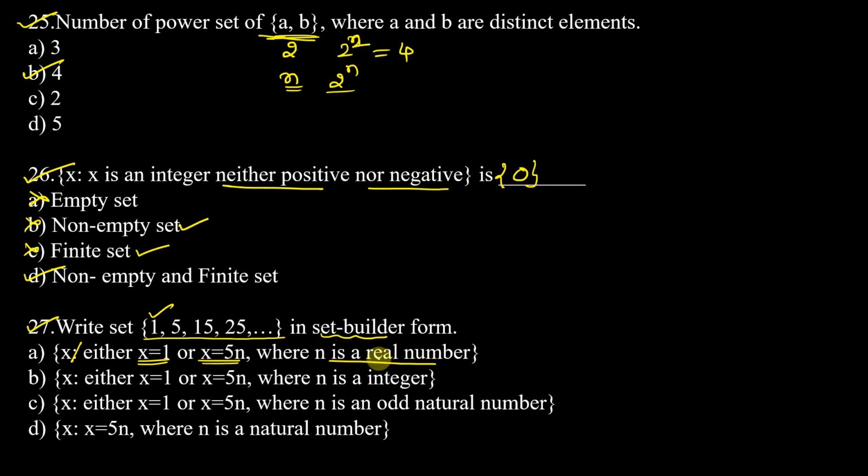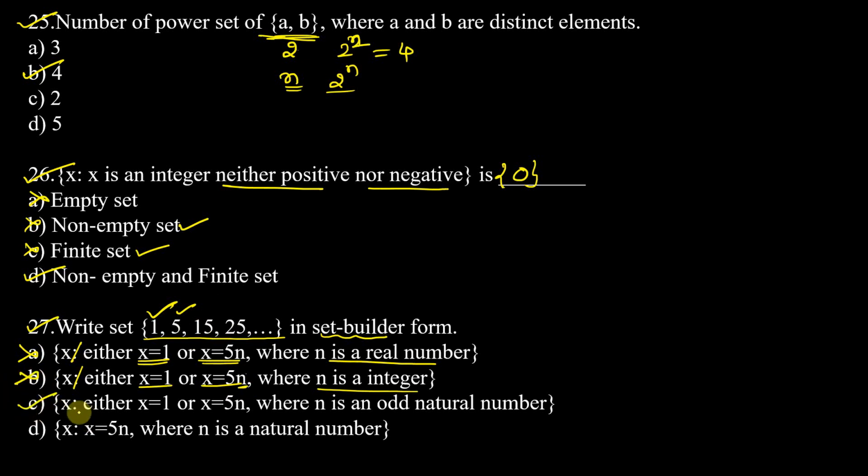If n is a real number, you may get numbers between 5 and 15, there are many numbers possible, so it is not correct. Option B: x is 1, or x equals 5n, where n is an integer. Suppose n is 1, you can expect 5. When n is 2, you can expect 10, but 10 is not in the set. So option B is wrong.